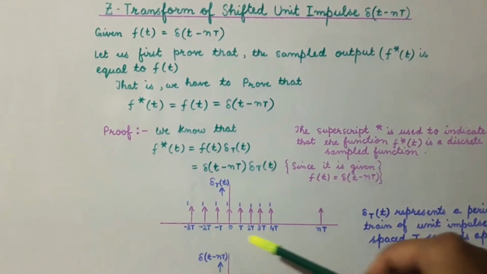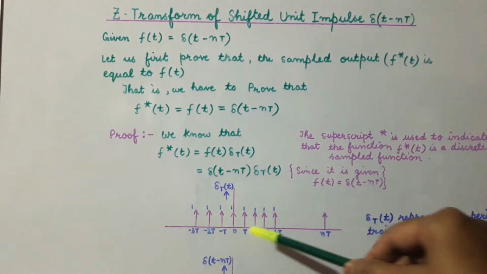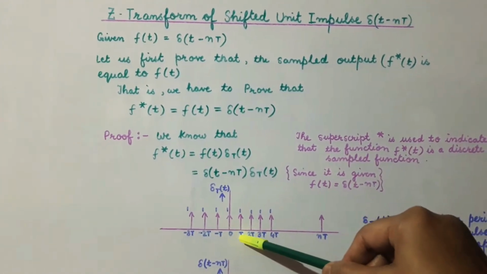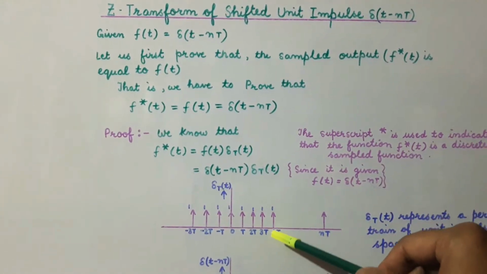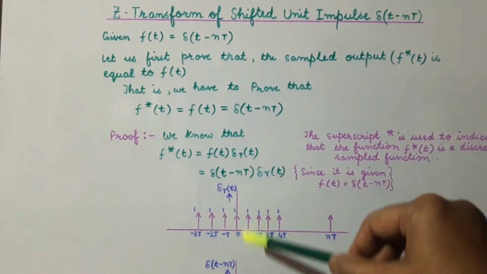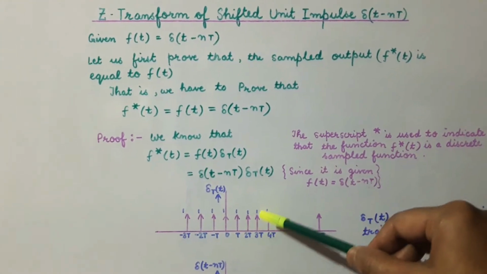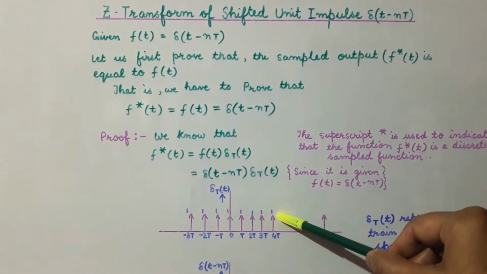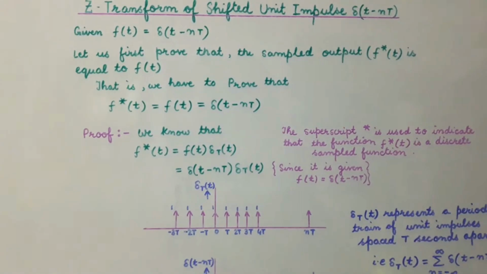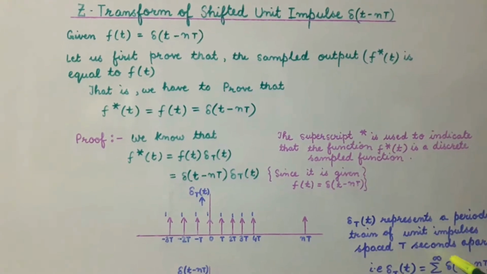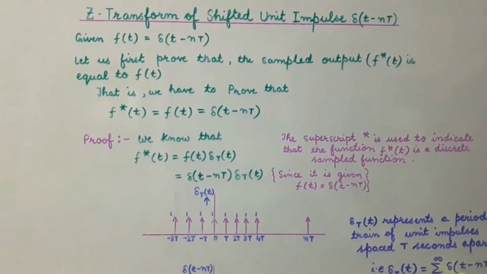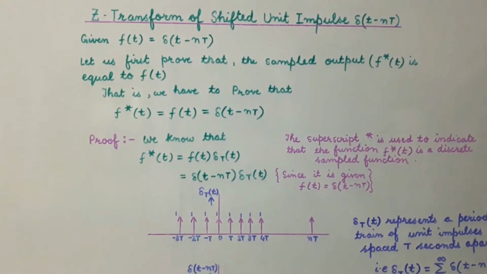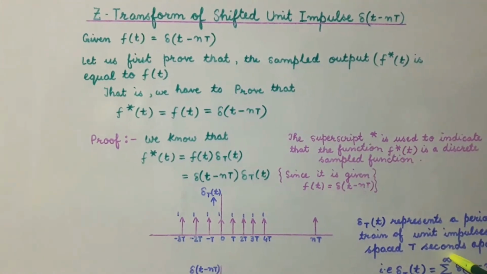This is a periodic train of unit impulses which are at a distance of T seconds apart from each other, and the magnitude of each of these impulses is unity. Now we can write this delta_T(t) as the summation of delta(t - nT) when the value of n varies from minus infinity to plus infinity.